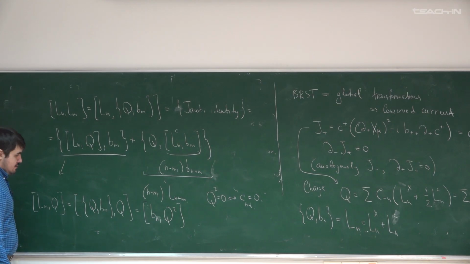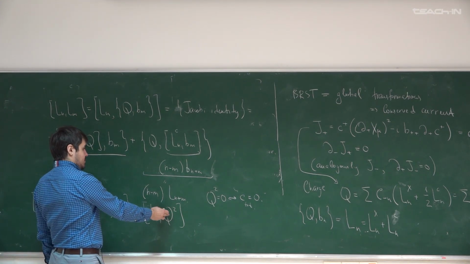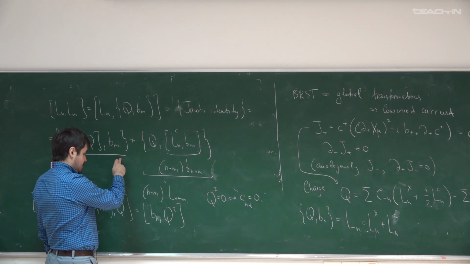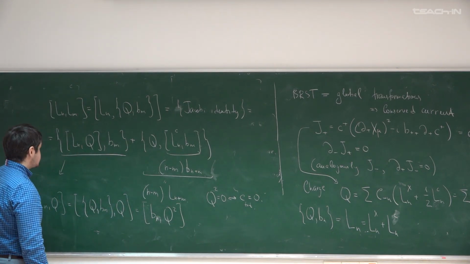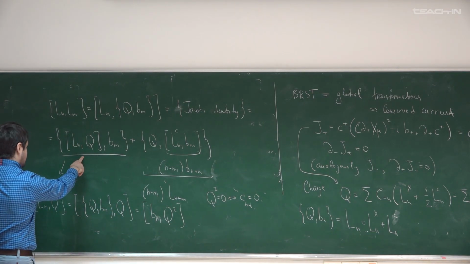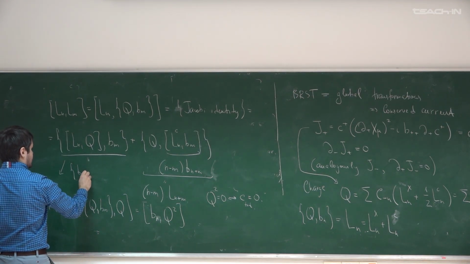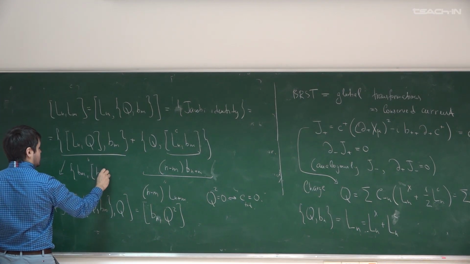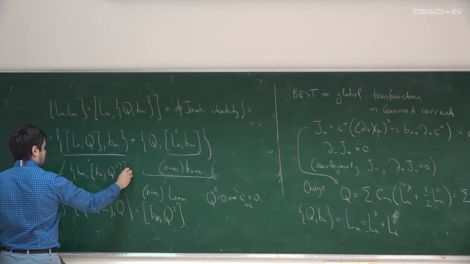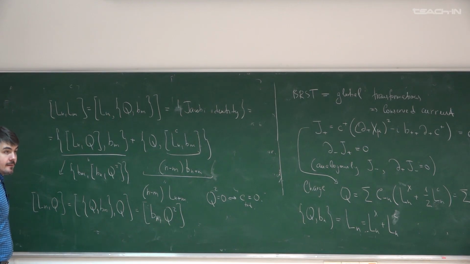So it's obvious that if Q squared is 0, then this term is 0. This term is therefore equal to a double commutator of Q squared with B.